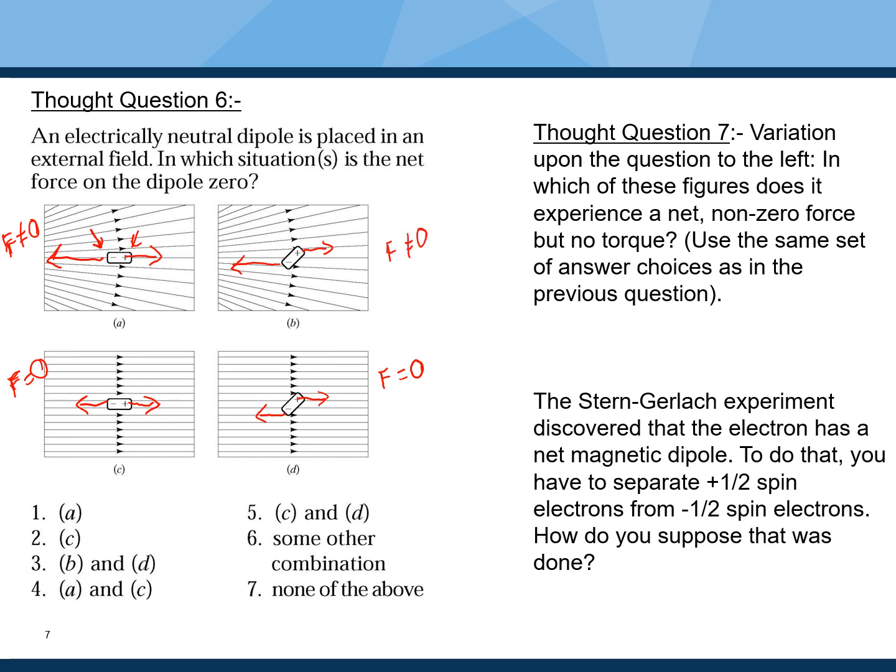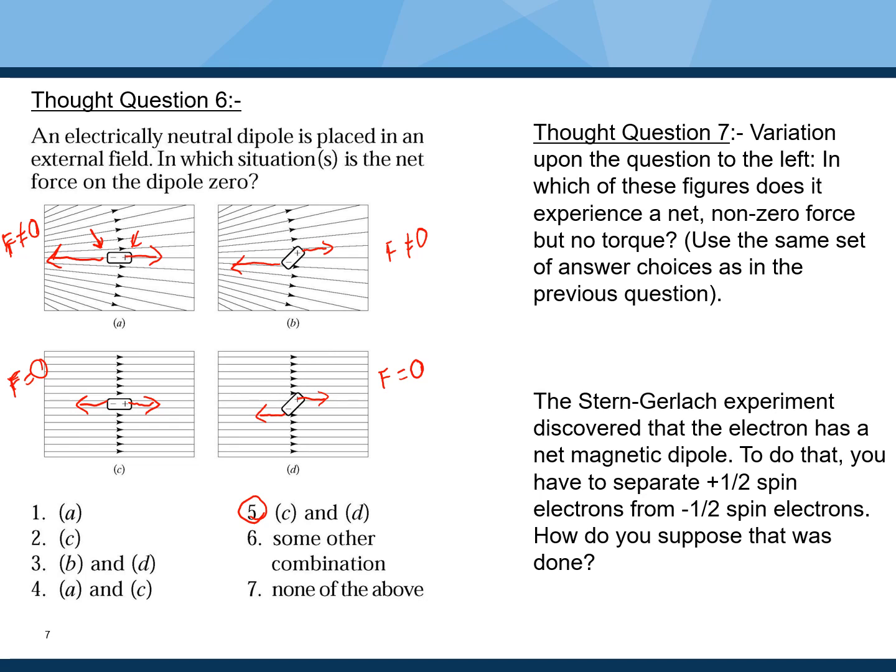So with this understanding, we realize that in panels C and D, we have no net force, and that's the question asked of us in thought question number 6: in which situation is the net force on the electric dipole 0? The answer is C and D, which is answer number 5.